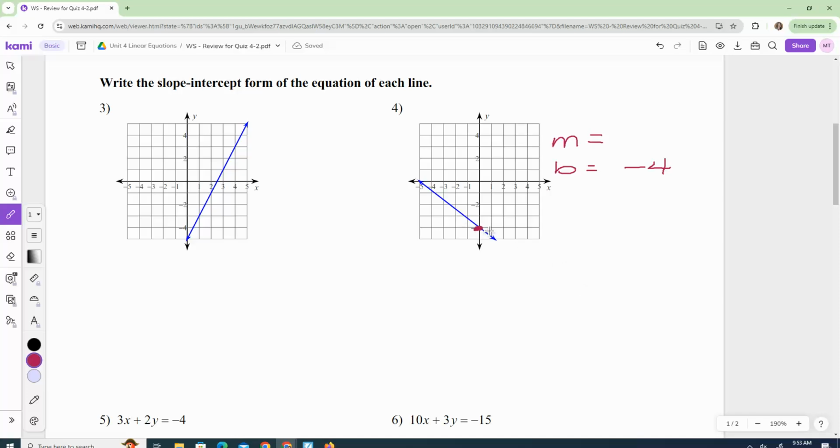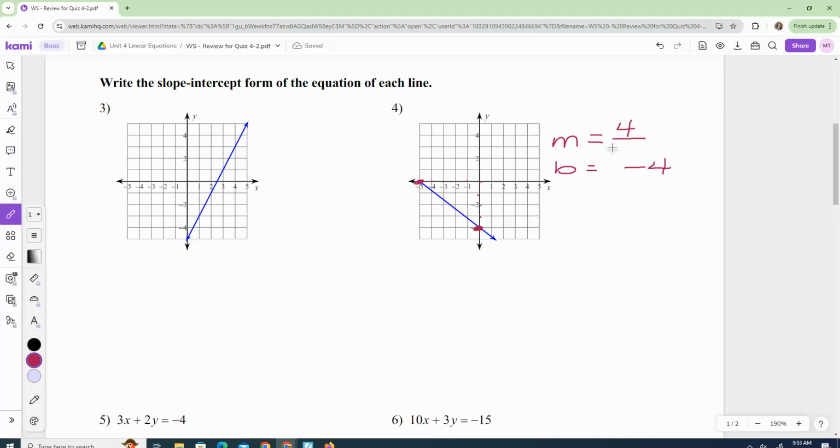So we need to find 2 nice points on this line, points that we can tell exactly, so maybe this one. If I want to count my rise over run from here, at this point I go up 1, 2, 3, 4. I go backwards 1, 2, 3, 4, 5.